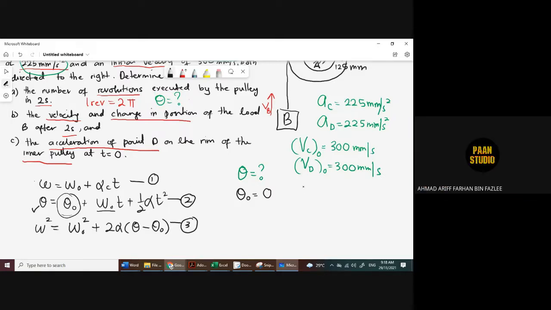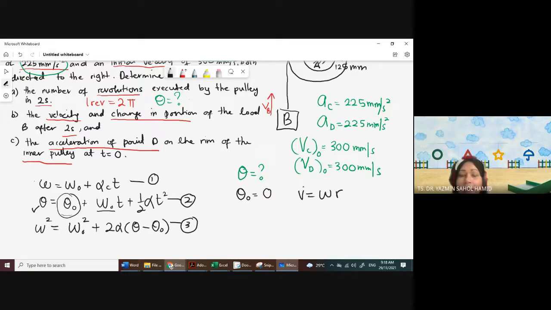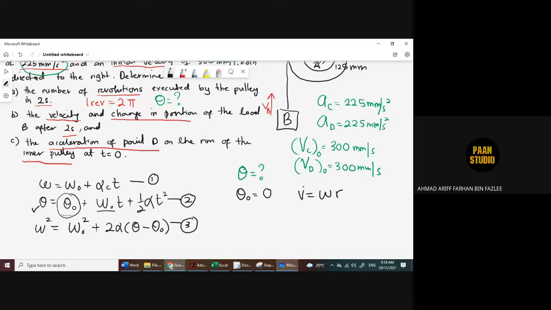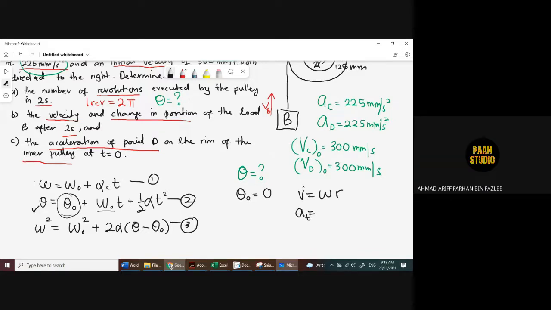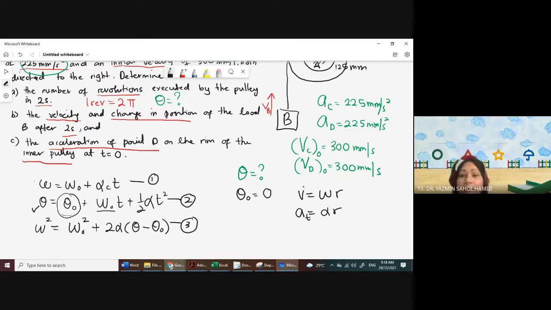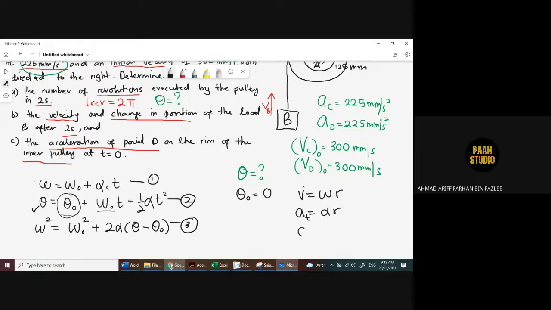V equal to omega R. Lepas tu acceleration tangential equal to alpha R. Lagi, acceleration normal equal to omega squared R.